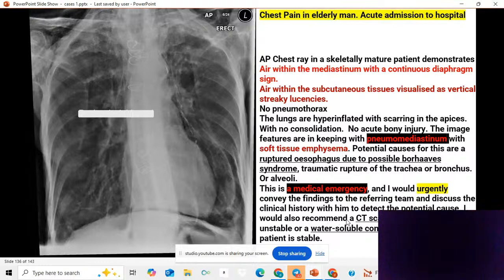I would also recommend a CT scan if the patient is unstable, or a water-soluble contrast swallow study if the patient is stable.